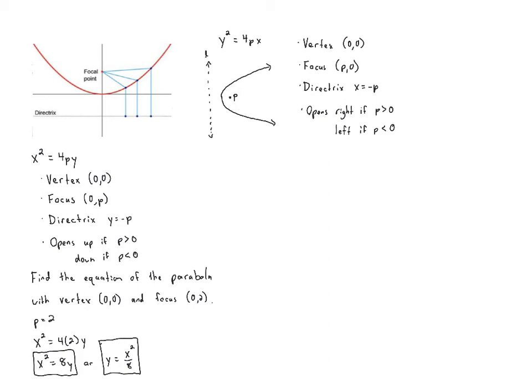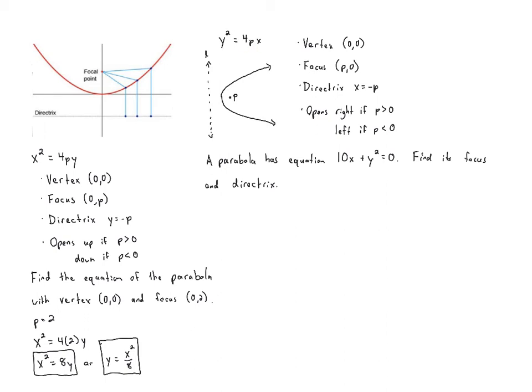Again, let's take a look at an example, but this time let's look at one that opens horizontally. A parabola has equation 10x plus y squared equals 0. Find its focus and directrix. Now, because it's y that's squared here, we know that this is going to be one that opens horizontally. So what we need to do is isolate the y squared so we can write this in the right format.